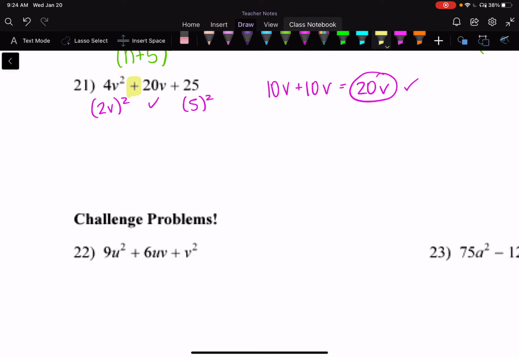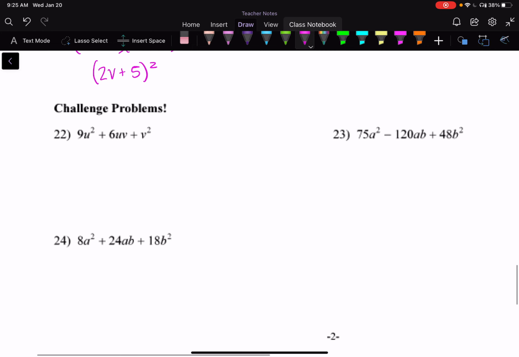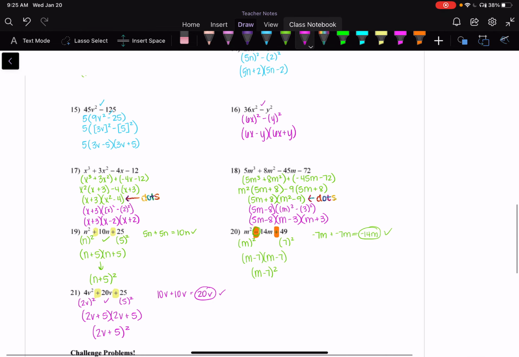Since both of my signs are positive, it's going to follow this pattern, 2v plus 5 times 2v plus 5, and that gives me 2v plus 5 squared. That is all.